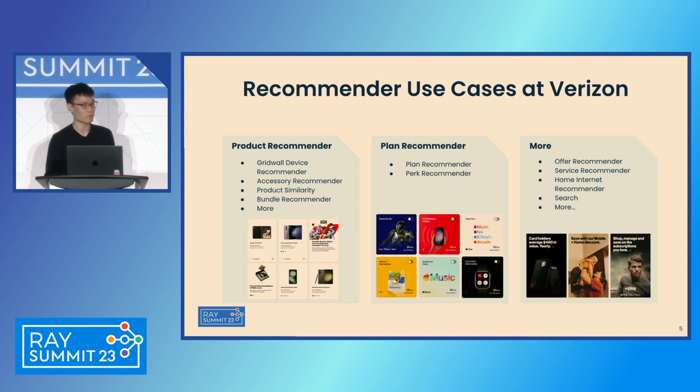We have Plus Play as a one-stop shop for the user to pick and choose from, and that's another big example. We also have services beyond just wireless, like home internet, Fios, TV. And we have lots of places with search functions, on our app and on our website, and that's also where we have recommender use cases, and of course a lot more. We just put a few examples here.